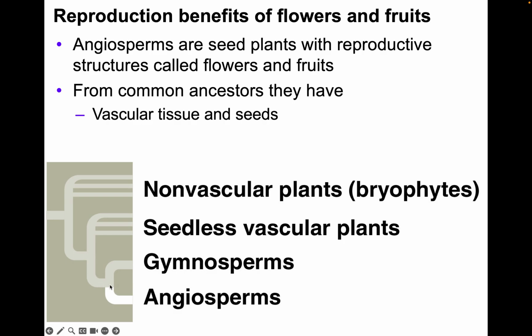And then when the seed came around, that was so beneficial that the gymnosperms had it, but the angiosperms inherited it as well. So we continue this descent with modification idea where common ancestors, these branching points, offer a way to see who came from who and what traits might have evolved at those branching points or right before the branching points that would be carried forward.